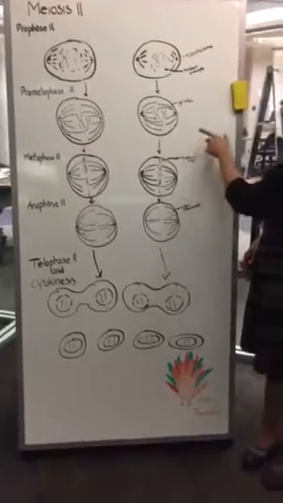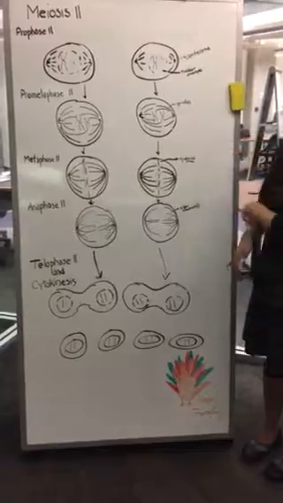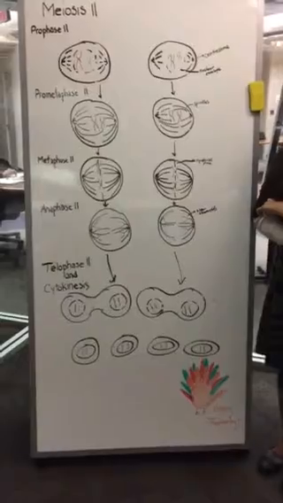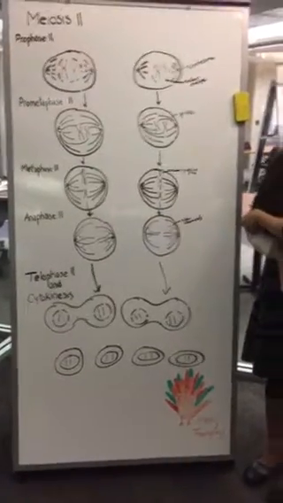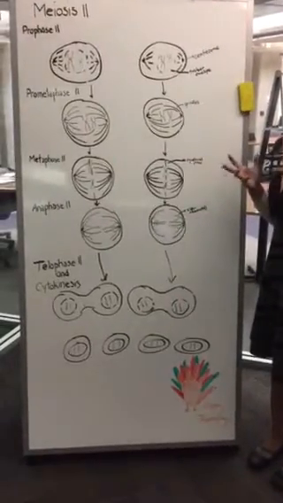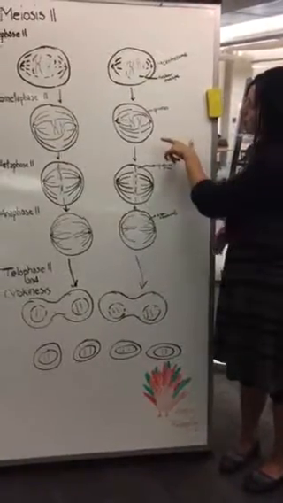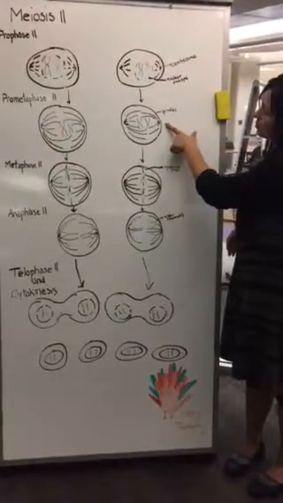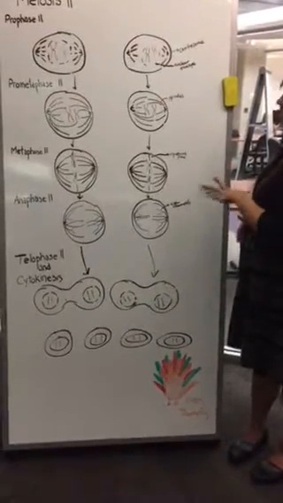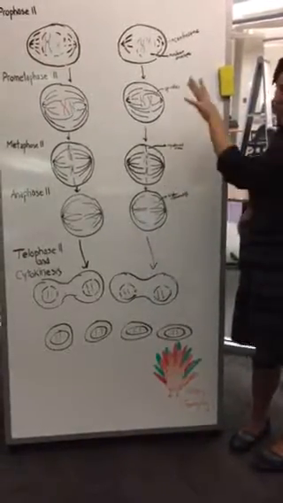And that's achieved in prometaphase 2 because the kinetochores, which are these protein masses, help to connect the spindles from the centromeres to the chromosomes, and that is important because that allows the cell to manipulate it for the rest of the phases.